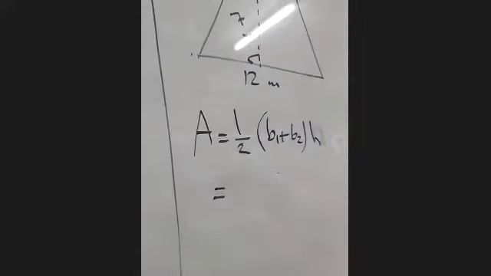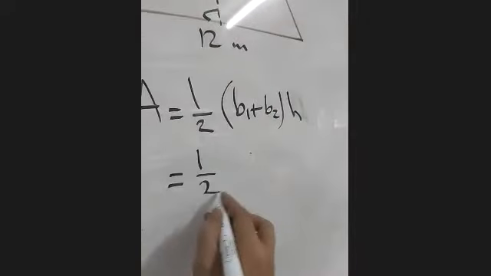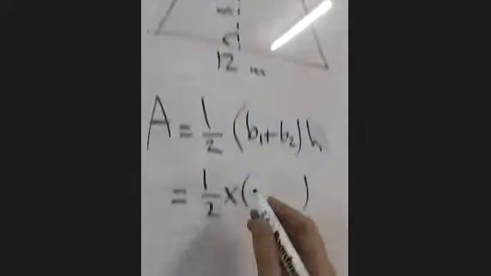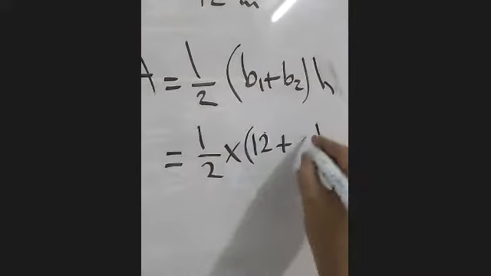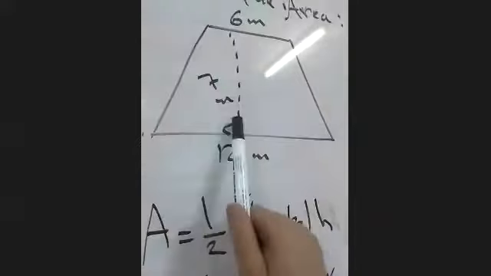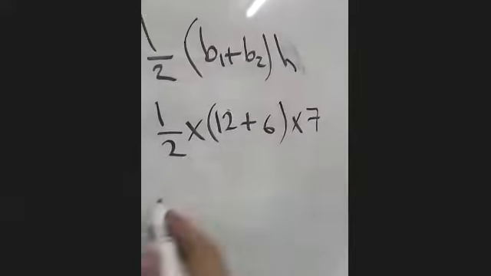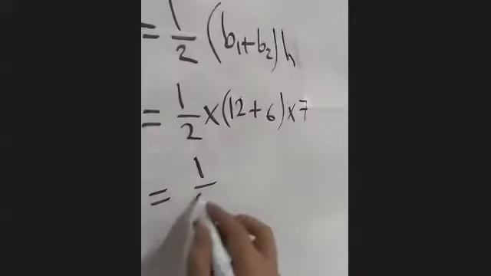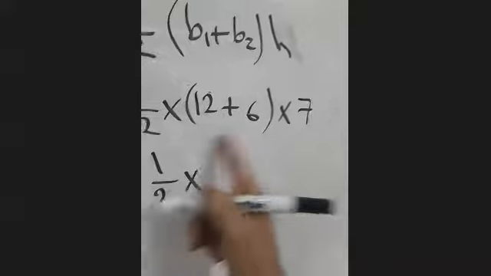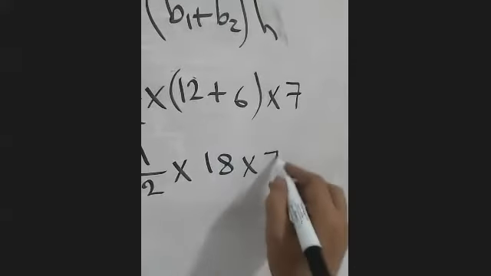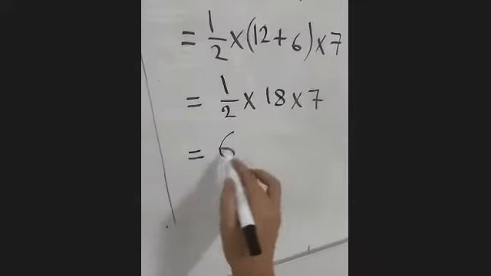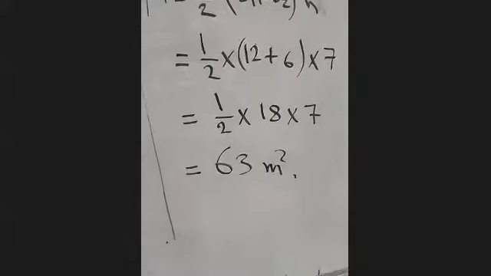Put the numbers, half multiply B1 plus B2, 12 plus 6, multiply the height, 7, equal. The parenthesis first, half multiply 18, multiply 7. Half of 18, 9, multiply 7, 63, the unit meter, power 2.